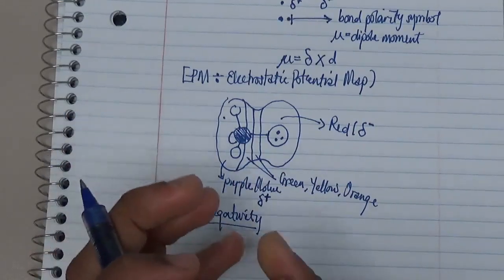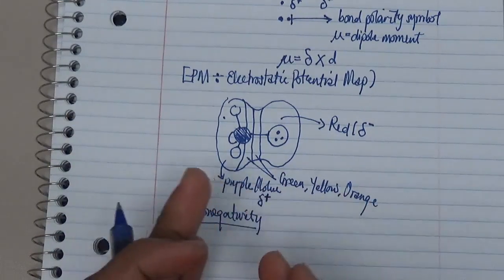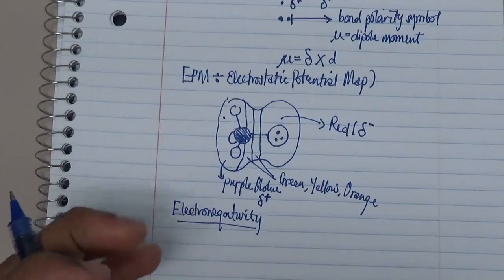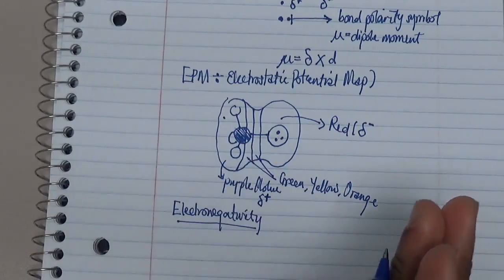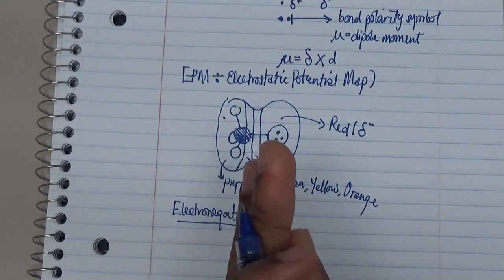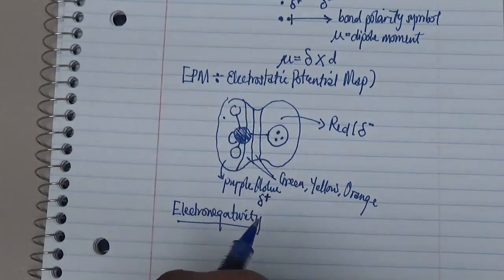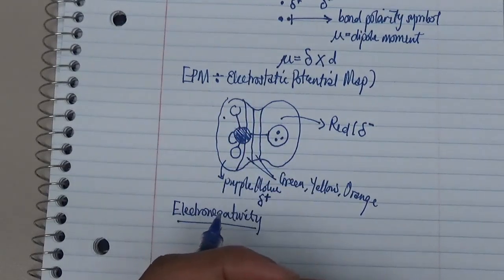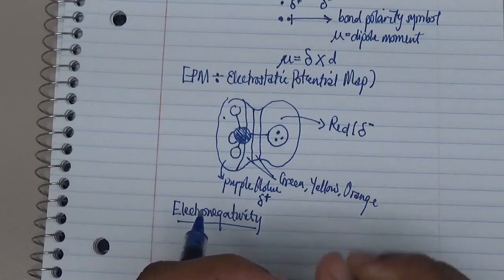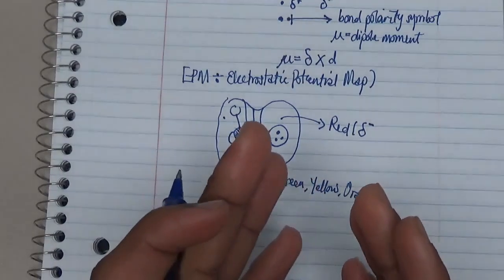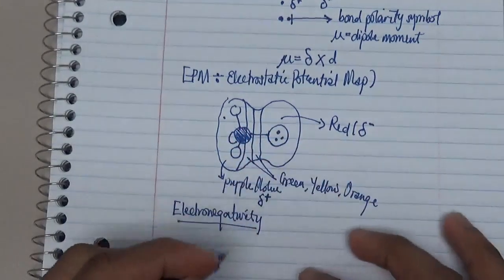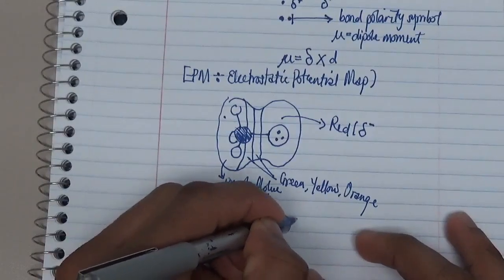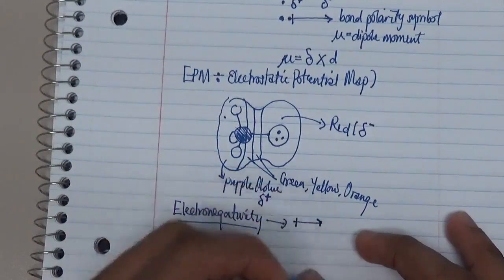From the periodic table, we know that electronegativity increases from left to right across a period. This also helps in predicting the polarity of bonds, and gives the direction of the dipole moment, which is this particular arrow over here.